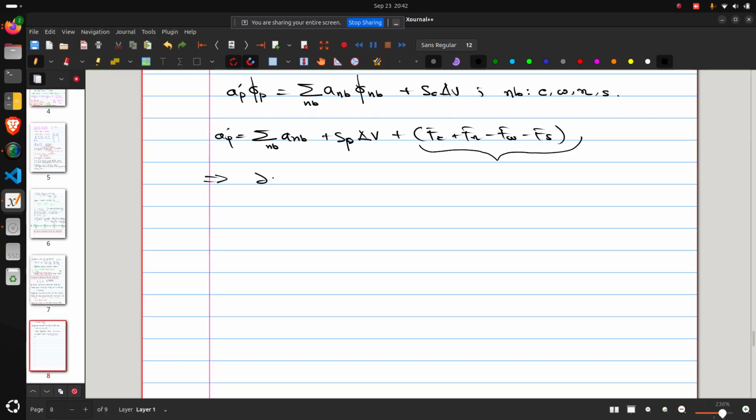We derived the conservation of mass, conservation of momentum and energy. In the conservation of mass, we had dou rho by dou t plus del dot rho u equal to 0, right.